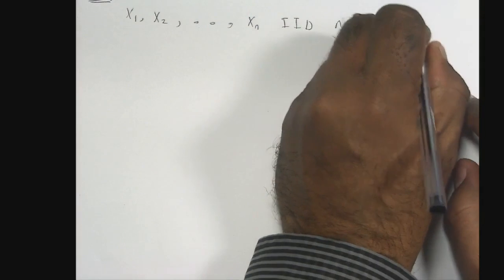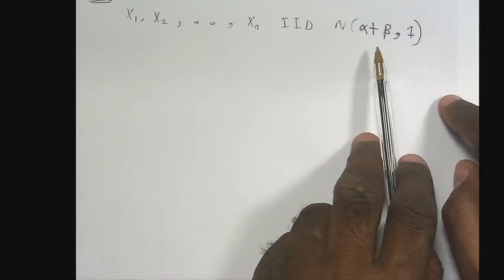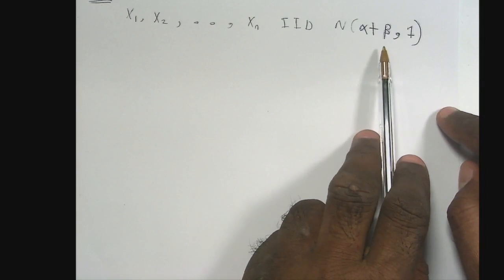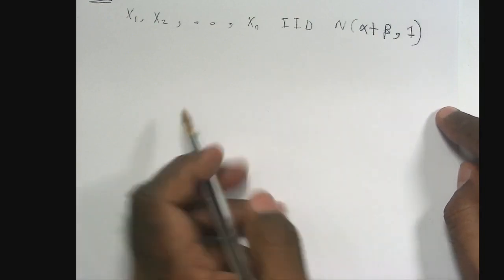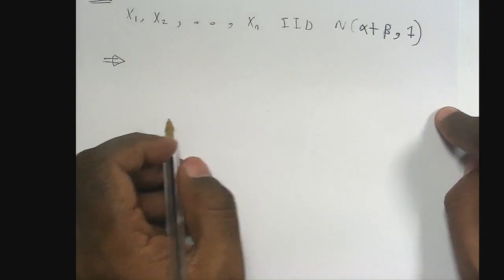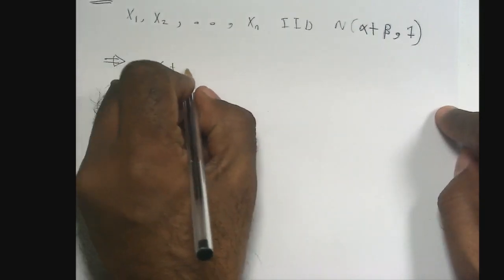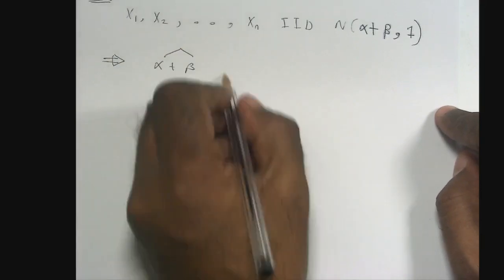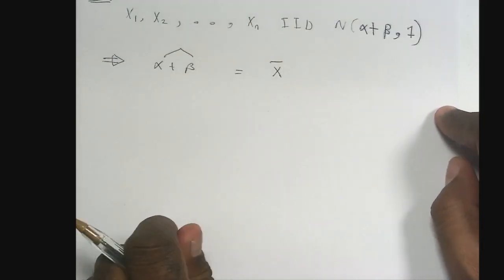So you have a sample x1 to xn IID from a normal distribution with mean equal to alpha plus beta, variance equal to 1. If you have been coming to my lectures, you will see that this implies that the MLE of alpha plus beta is equal to the sample mean x bar.